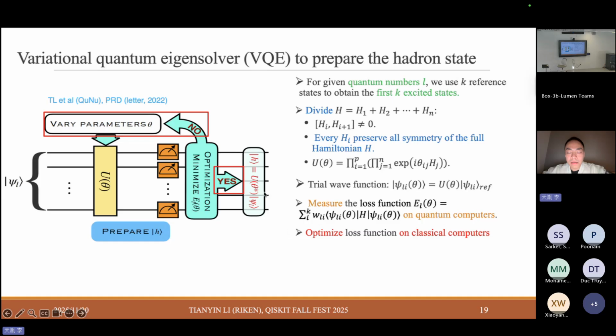We need to minimize the loss function and find the solution theta star when the loss function is at its minimal value. Then the hadron state can be prepared by acting U of theta star on the initial reference state.